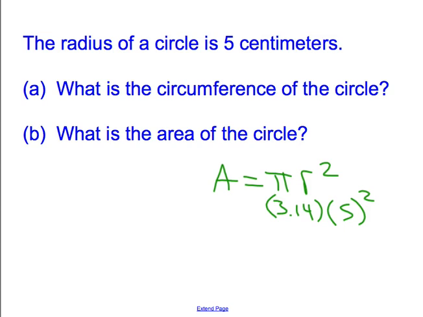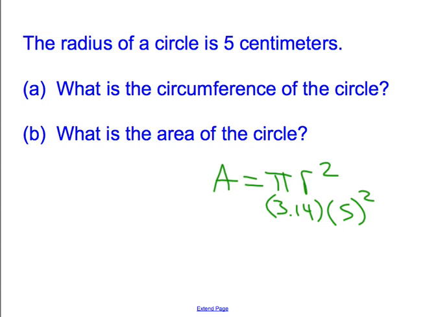I've seen students regularly come through and take 3.14 times 5 and then square all that. But our order of operations needs to square the 5 first.